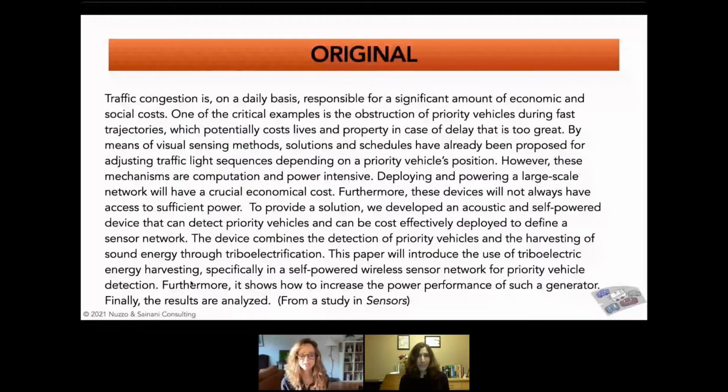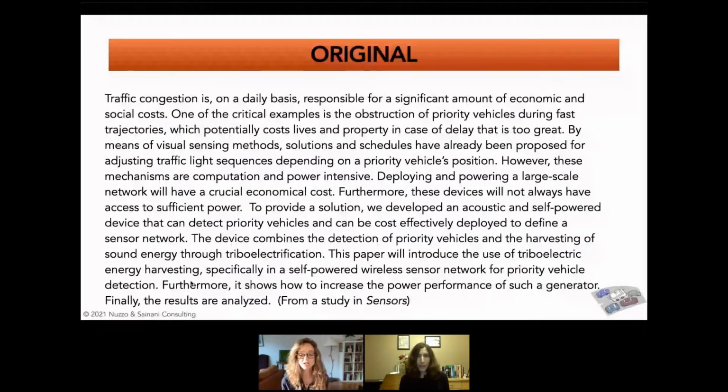By means of visual sensing methods, solutions and schedules have already been proposed for adjusting traffic light sequences depending on a priority vehicle's position. However, these mechanisms are computation and power intensive. Deploying and powering a large-scale network will have a crucial economical cost. Furthermore, these devices will not always have access to sufficient power.